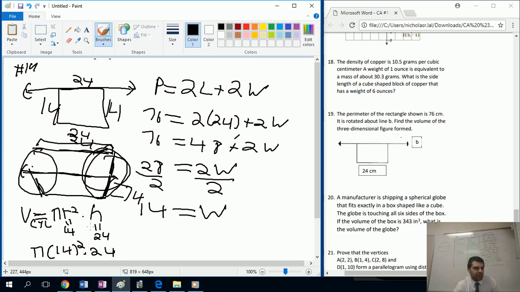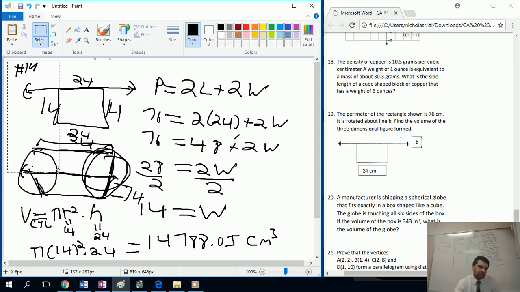Plug that into your calculator, and you're going to get 14788.05 centimeters cubed. All right. Verify, but that's how you visualize the rotation of a rectangle to create a cylinder. Plug it into the formula for the volume of a cylinder.